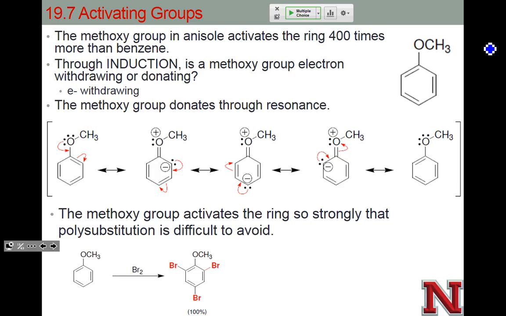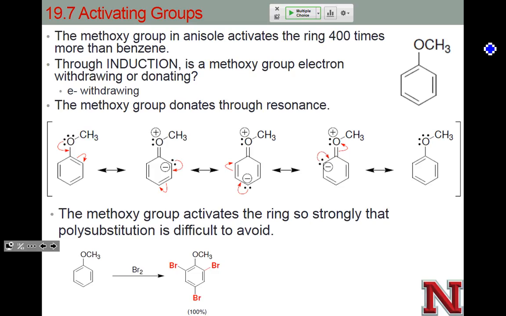Because this is so reactive, sometimes you will get polysubstitution. For example, with Br2 and FeBr3, if you don't control your conditions really well, you may get bromine in both the ortho and the para position. But no, it's not in the meta position.